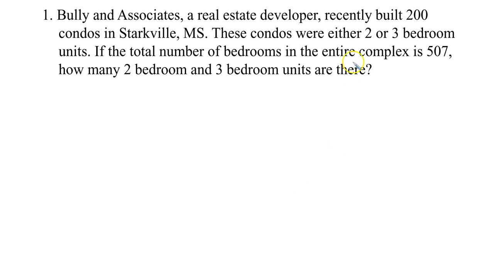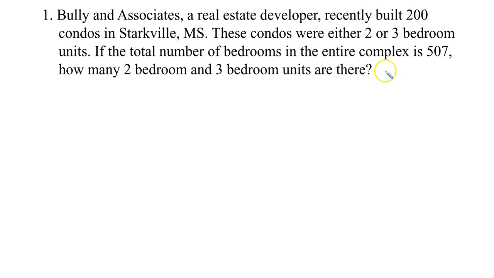These condos were either 2-bedroom units or 3-bedroom units, and the total number of bedrooms in the entire complex is 507. Unfortunately, they forgot to count how many 2-bedroom and 3-bedroom units they built. And so we are tasked with the job of discovering that.